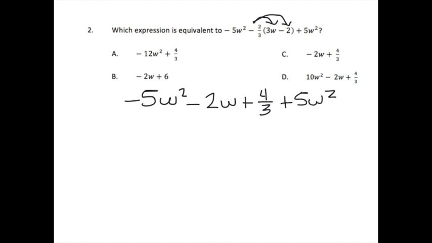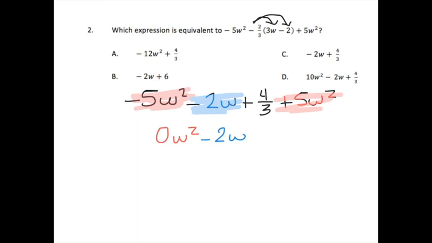After this, we have to start again with like terms. So w squared and w squared together are going to cancel each other, so we can say 0w squared. Then we have the w's, of which there's only one, so it's going to stay the same, -2w.